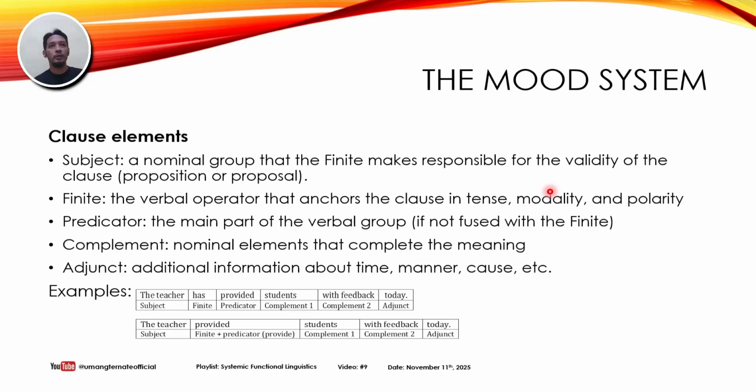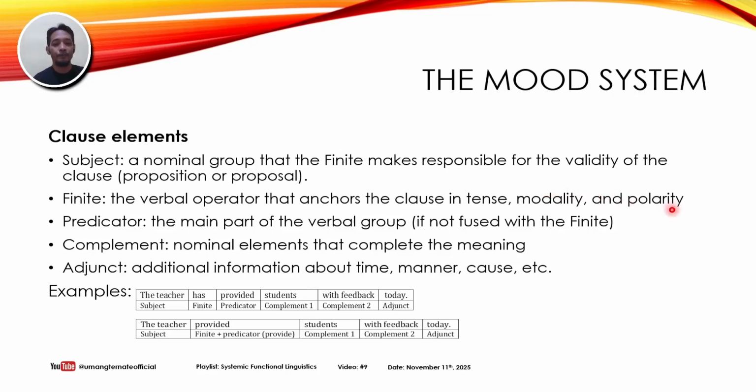It is divided into two main types, including what we call probability or certainty, and then the inclination or obligation. The terms used in SFL are epistemic modality and deontic modality, but we will talk about it in other videos.